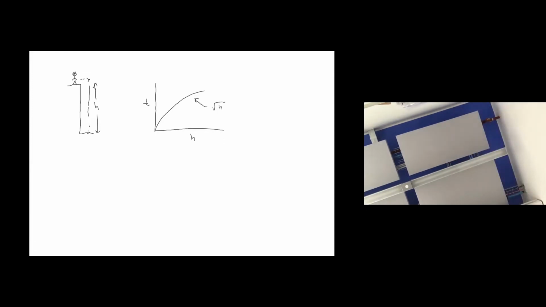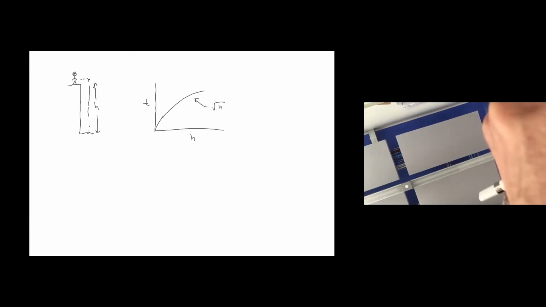You do this for lots of different heights, and you notice that when you plot the time it takes to fall versus height, you see a square root relationship. So t, the time it takes to hit the ground, goes as the square root of h.